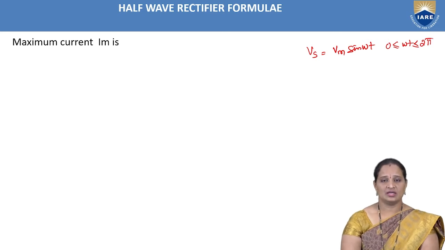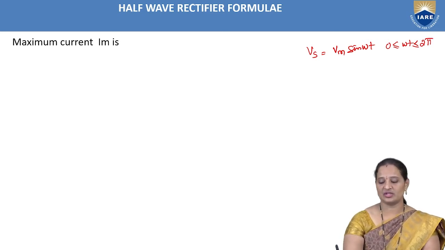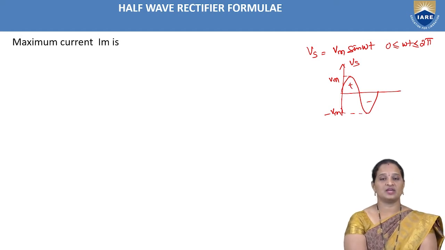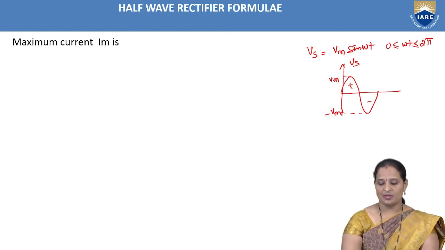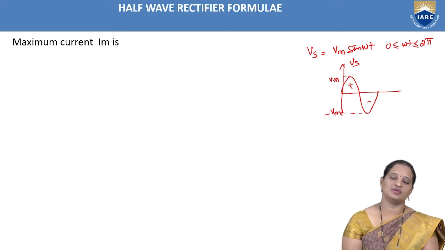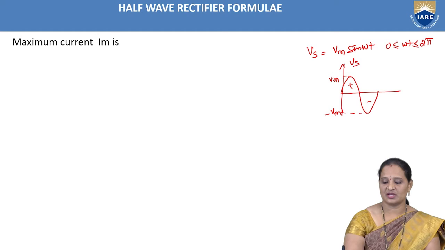This is the input signal, and this sinusoidal signal will be converted into a DC signal. Vm is the maximum voltage of the sinusoidal input, which has a positive half cycle and a negative half cycle: plus Vm during the positive half cycle and minus Vm during the negative half cycle.